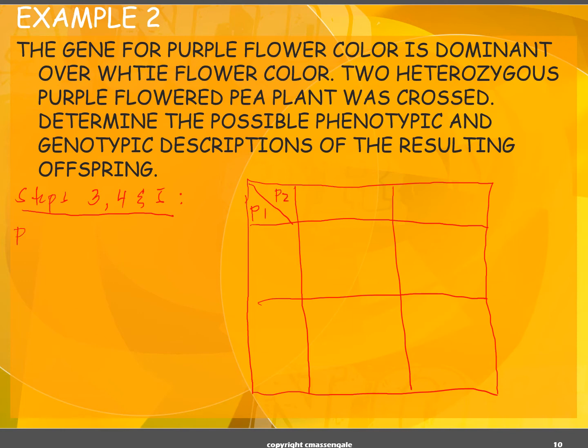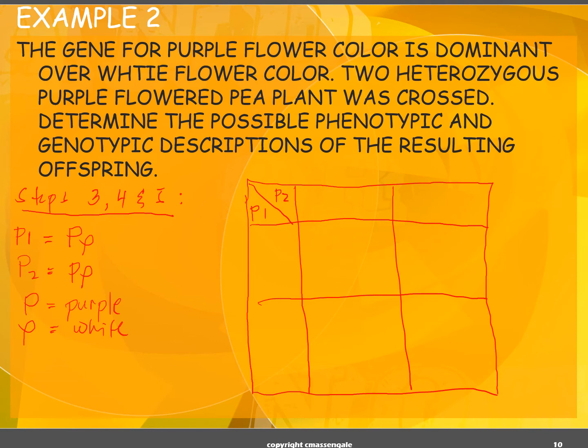So let's just write down here the genotype of parent number 1, heterozygous, capital P, small p. And then parent number 2, capital P and small letter p. And then another information that is pertinent here is that capital P is for purple and small letter p is for white. Okay, now let's do step number 3.